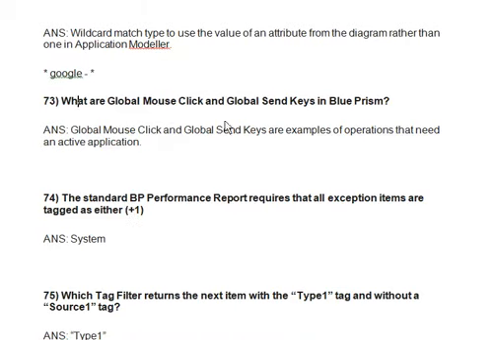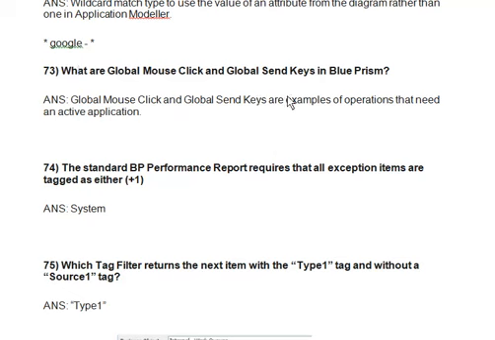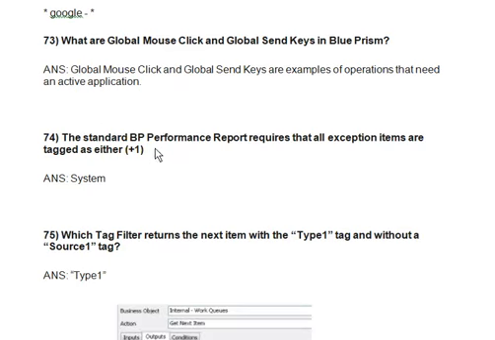What are global mouse click and global send key events in Blue Prism? Global mouse click and global send key are examples of operations that need to activate an application. Once you activate the application, you can do it with activate in your navigate stage.